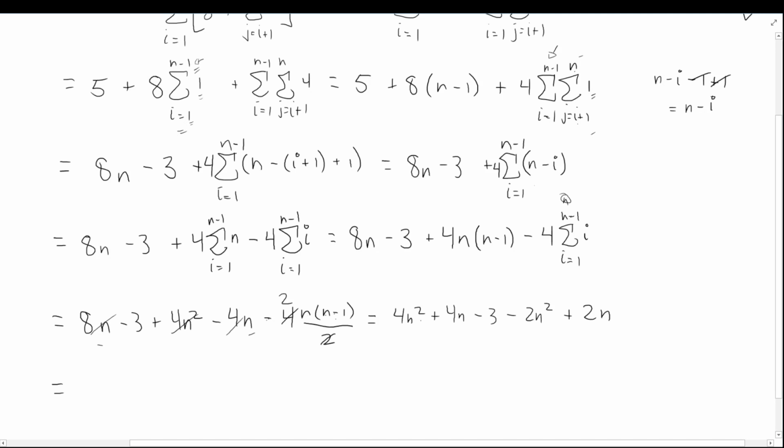Now it looks like our 4n squared minus our 2n squared gives us a 2n squared. And then we have a 4n and a 2n together give us a 6n. And then a minus 3. So again, I mentioned, let's maybe reflect on a couple things here.